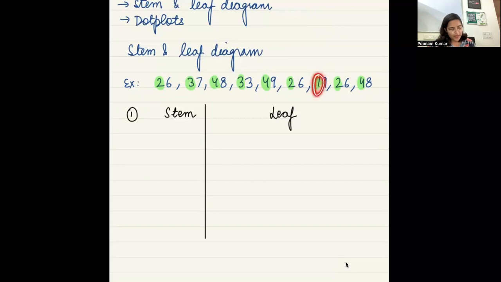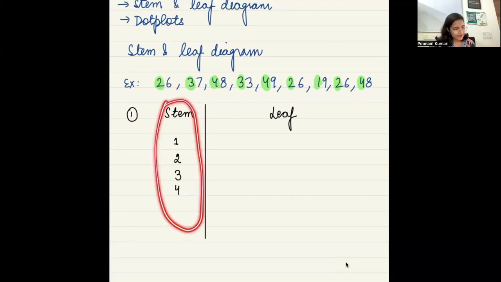I have 1, and then I have 2, and then I have 3 also, and then I have 4 also, right? So what you do, just write all these in the column which is stem. So you can write 1 here, 2 here, 3, 4, and we don't see anything else.